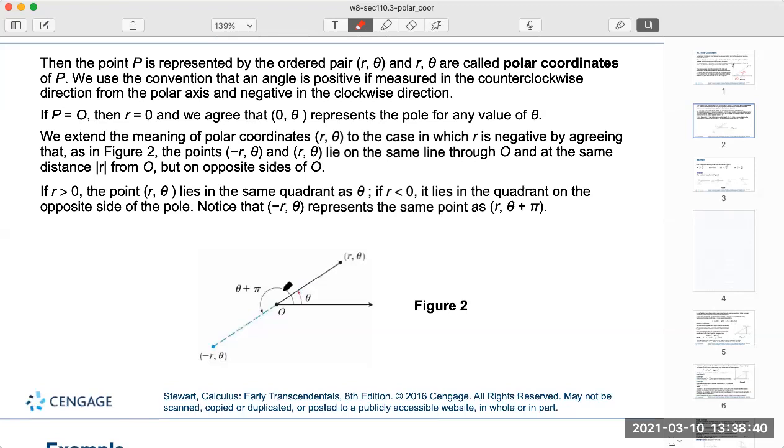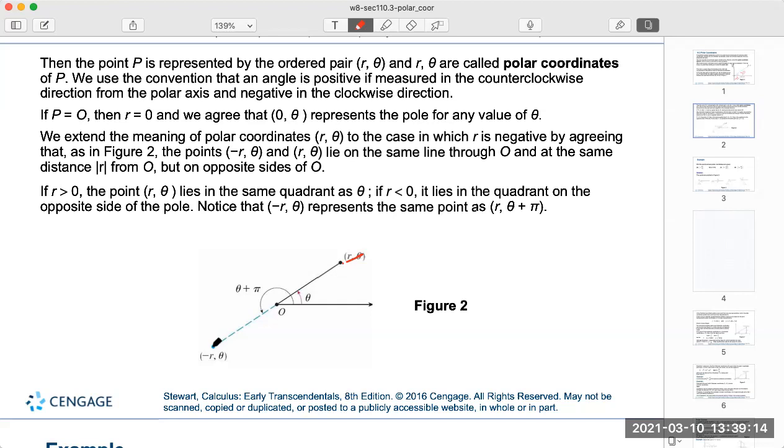But by convention, if a point in polar coordinates is represented by r and theta here, we define that negative r will be the point which is symmetric about the origin. For example, we find r, theta first, and negative r, theta will be the point which is symmetric about the origin, which is this point, right?